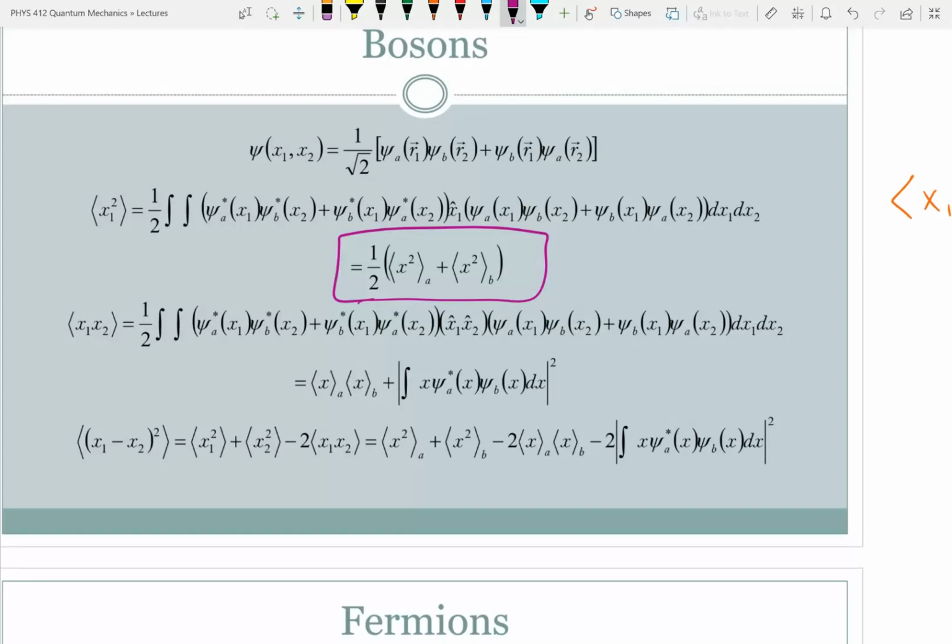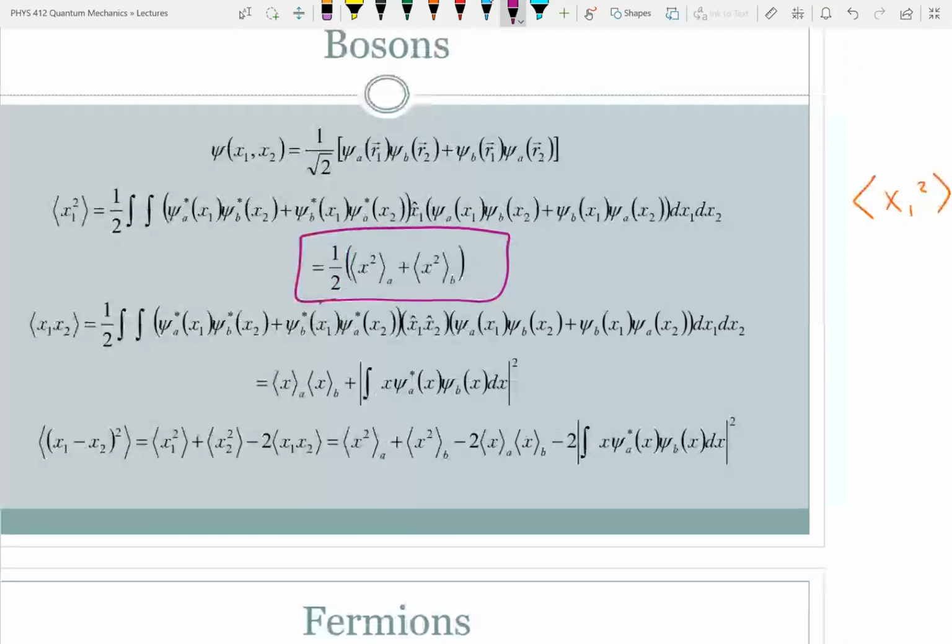And if we did x2 squared expectation value, we know we'd get the same thing, right? Because of the symmetry, it'd be the same thing. And then we have to do x1, x2. Do we really want to do x1, x2? I suppose we do.